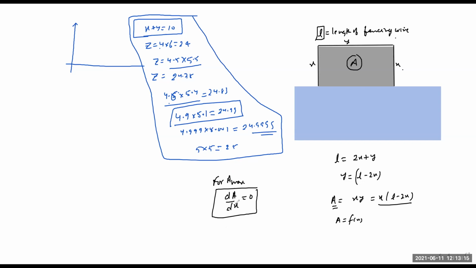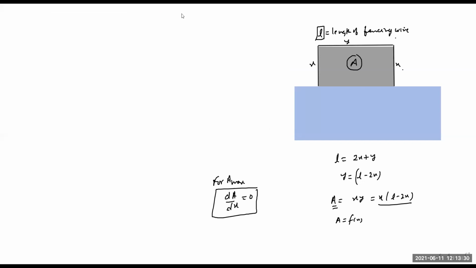Okay, so the area is a function of x, so we can always differentiate. We know when we have a function, we can differentiate. So can you tell me what the differentiation value is? L minus 4x. So what you said is correct. L minus 4x is the right answer. If I set it to 0, I get x equal to L by 4, very nice. And y is then L by 2.